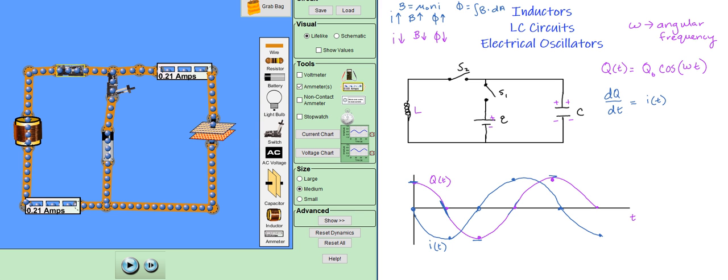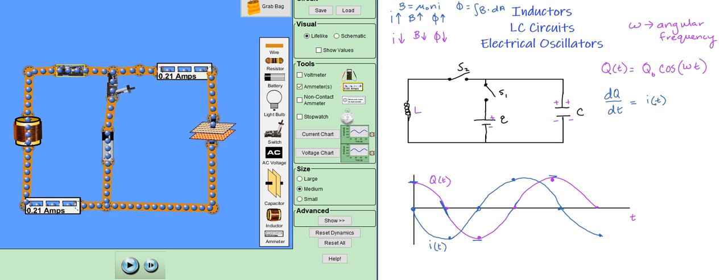The current is trying to increase, so it's going away from 0, and then we see that it starts to decrease, and the inductor is going to prevent the decrease, so it starts to increase again. Now we've got these opposite poles start to form with the capacitor, and the same cycle will occur again and again and again.